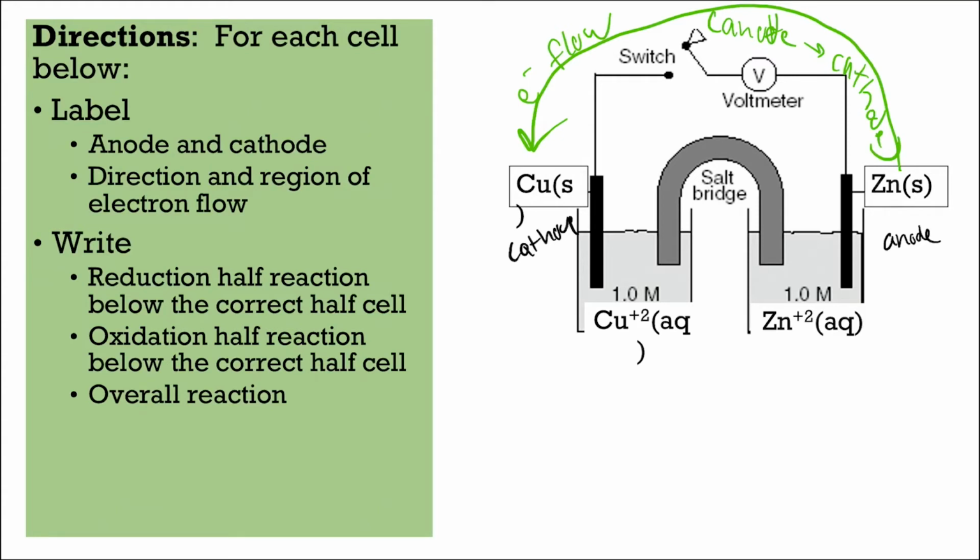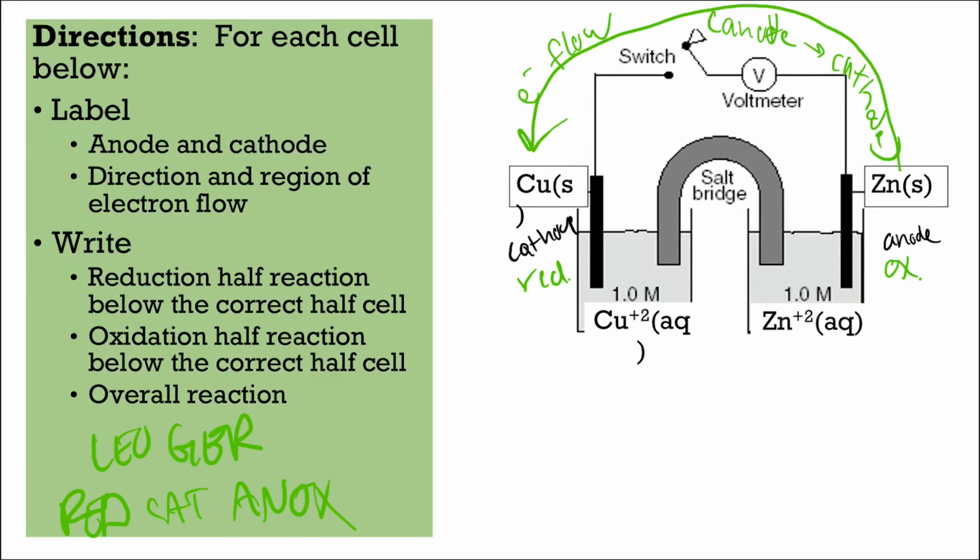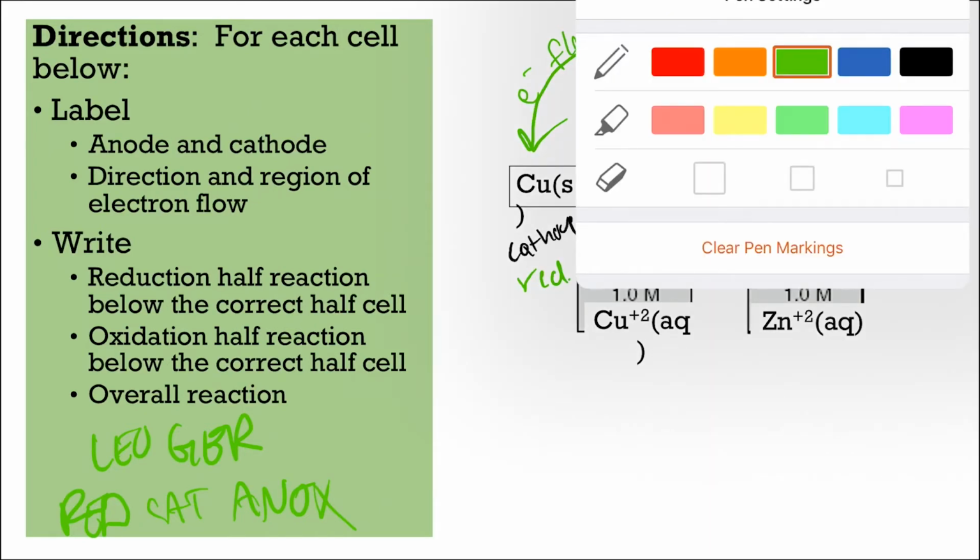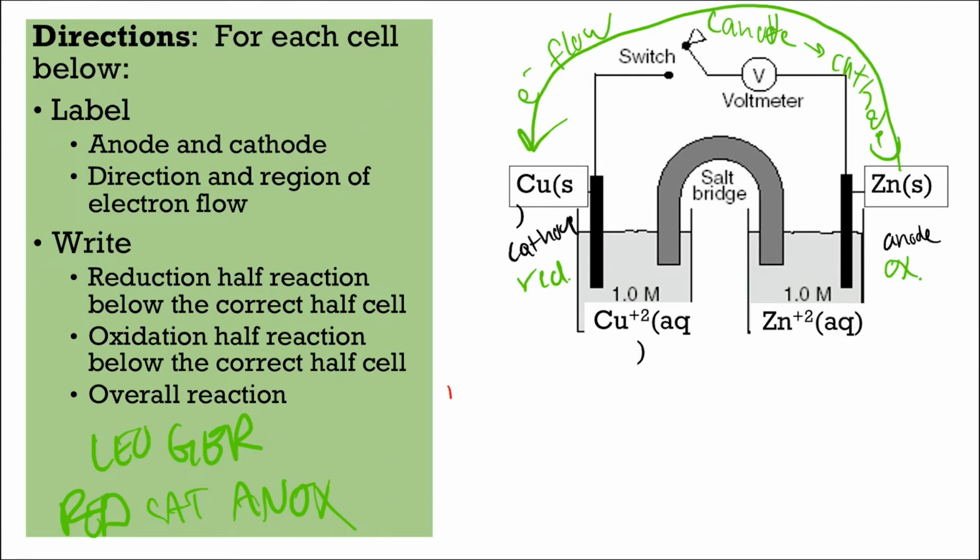Okay, so we had talked about how reduction happens at the cathode and oxidation happens at the anode. We know LEO says GER, red cat, and ox, so that will help with this. With the reduction reaction, remember you're gaining electrons, so the electrons will always be a reactant, and it comes out looking like this.